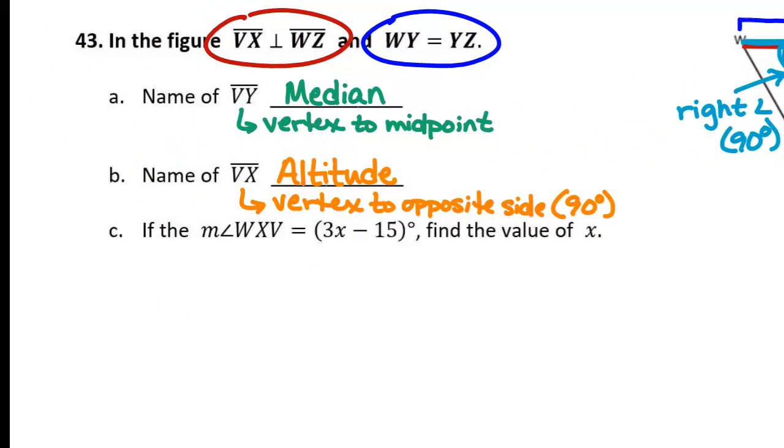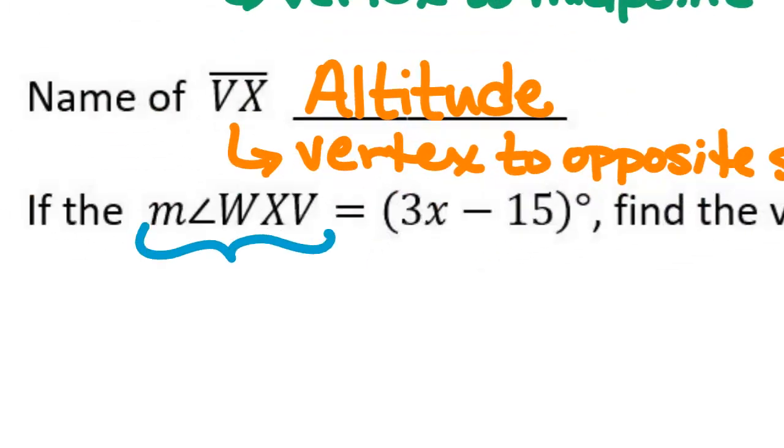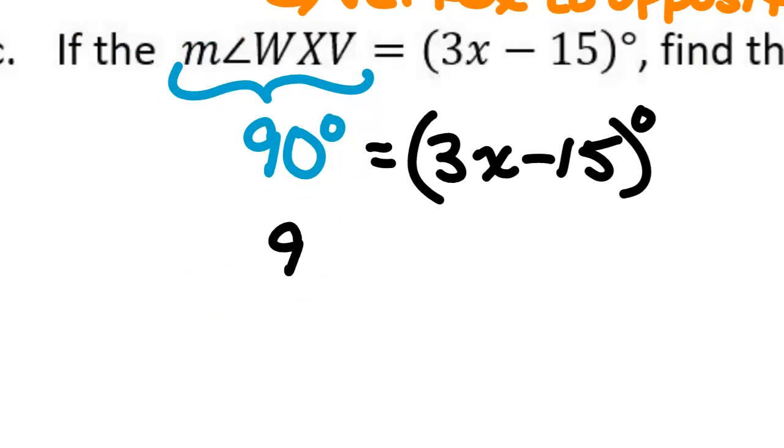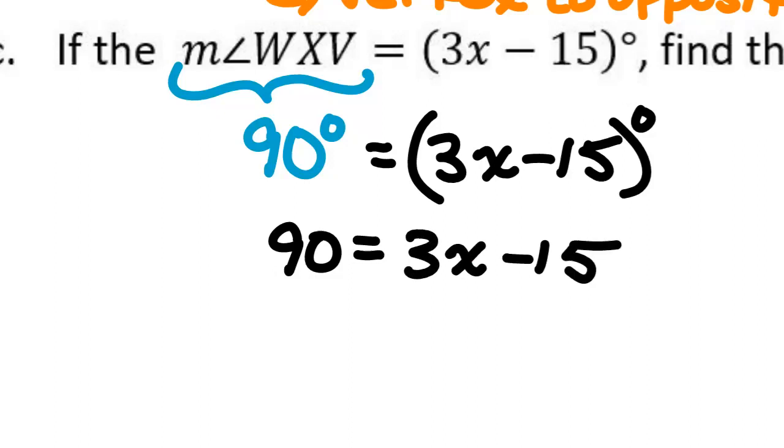So I can take where it says the measurement of angle WXV, and I can replace that with 90 degrees because I know exactly how big that angle is. And that is equal to 3x minus 15 degrees. So I can drop the degrees symbols. 90 equals 3x minus 15. And then we can solve this for x.